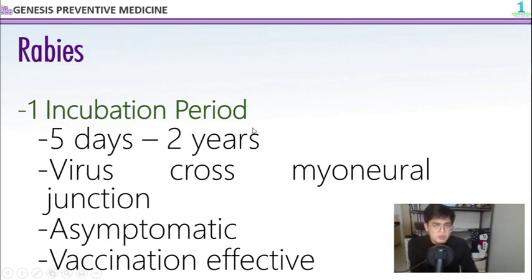So you might ask, Doc, why is the incubation period so long? Why is the range for the incubation period so long, as short as 5 days and as long as 2 years, as opposed to many infectious diseases that have a very predictable incubation period? The explanation for this is that the incubation period for the disease to set in generally depends on where a person is bitten.